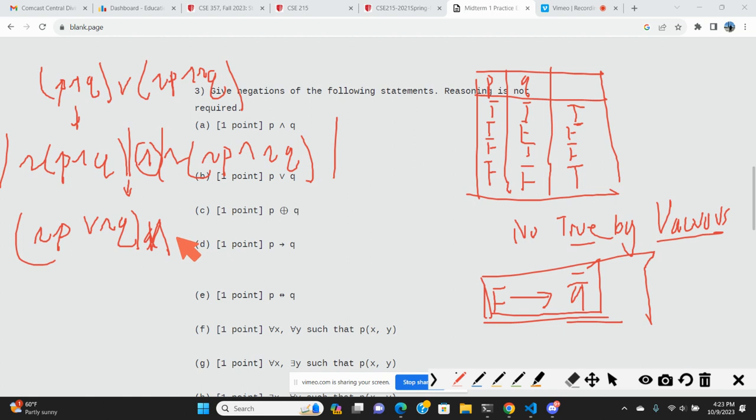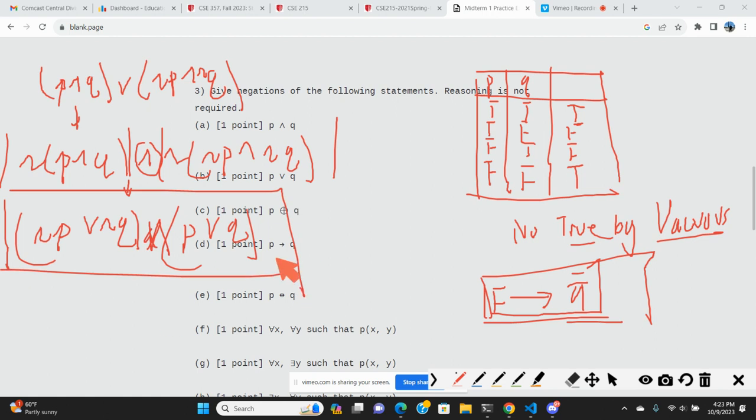So and P or Q, and that would be our answer for the biconditional.